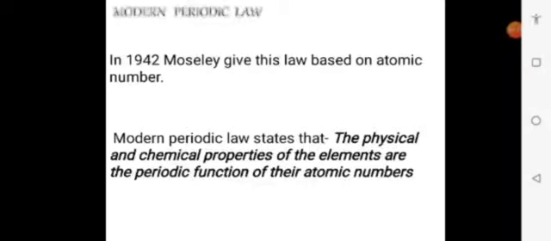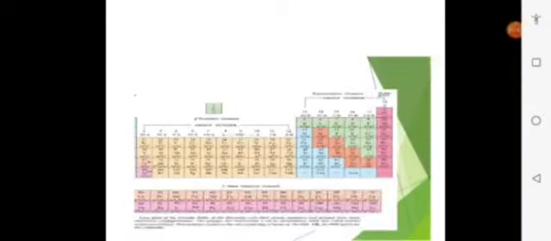If we arrange the elements in increasing order of their atomic number, their properties repeat in the periodic table. So this is the modern periodic table.